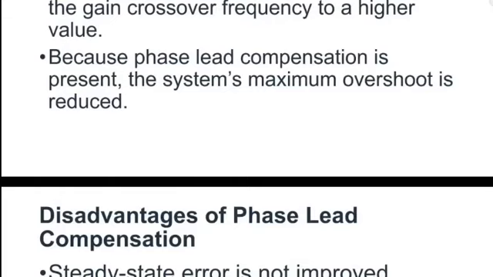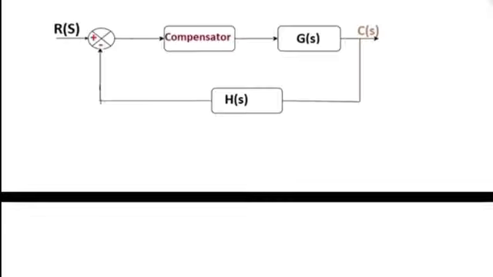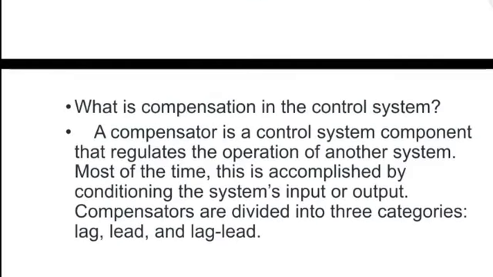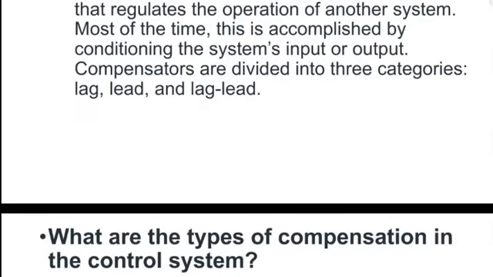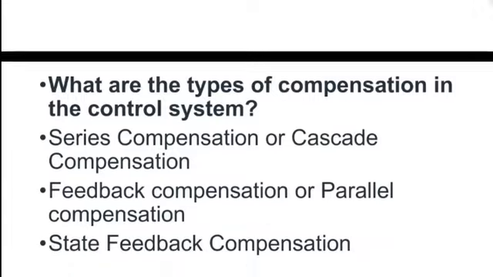So in our lesson, we have seen the definition of a compensator, and we say the compensator's work is to regulate the operation of another system. Most of the time this is accomplished by conditioning the system. We've also looked at the types of compensation in control systems: the series compensation, the feedback compensation, and the state feedback.